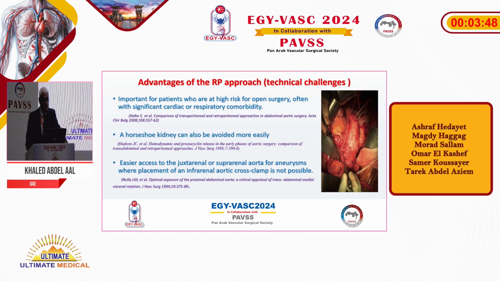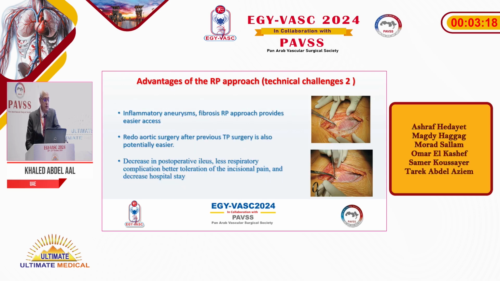Another technical challenge that can be avoided by the retroperitoneal approach was described by Calcagno regarding the importance of this technique in high-risk patients for open surgery, often with significant cardiac or respiratory comorbidity. A horseshoe kidney can be managed by this technique, and they found that it has easier access to the juxtarenal and suprarenal aorta for aneurysm when placement of an infrarenal aortic cross clamp is not possible.